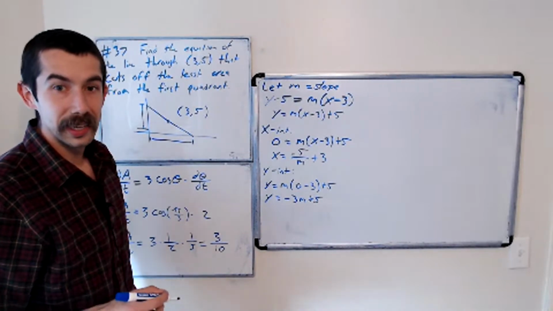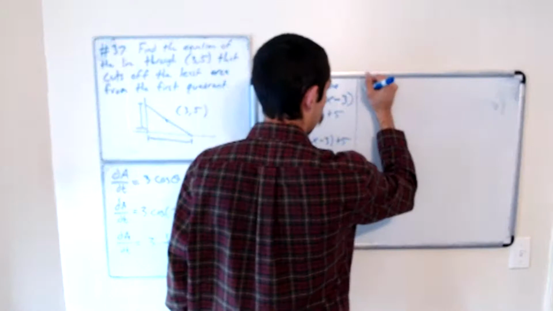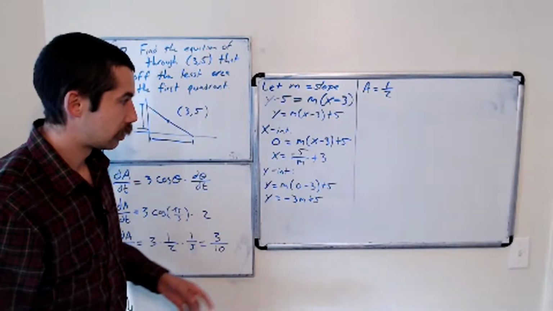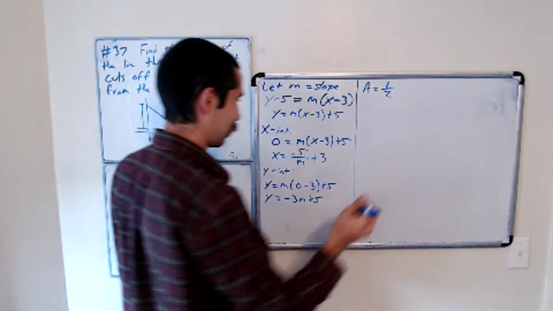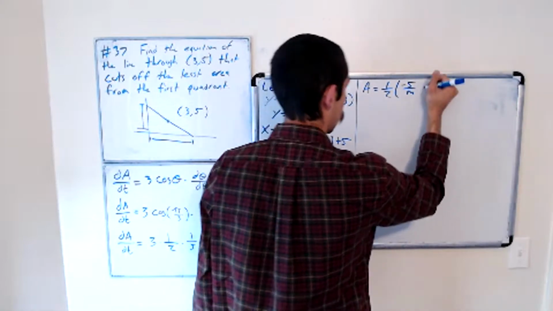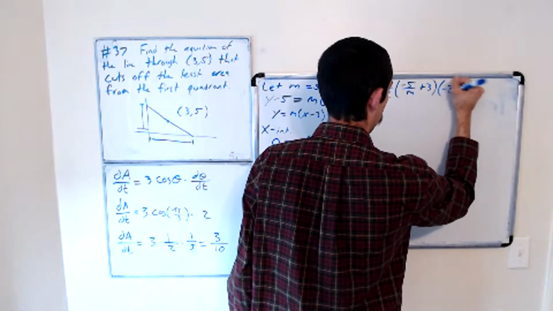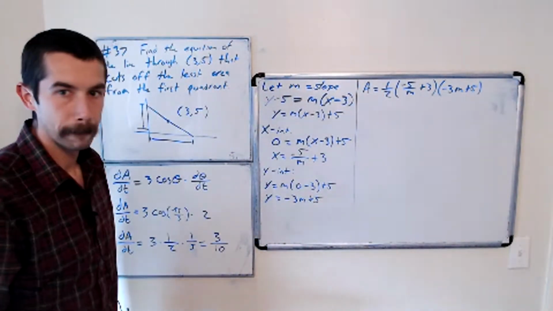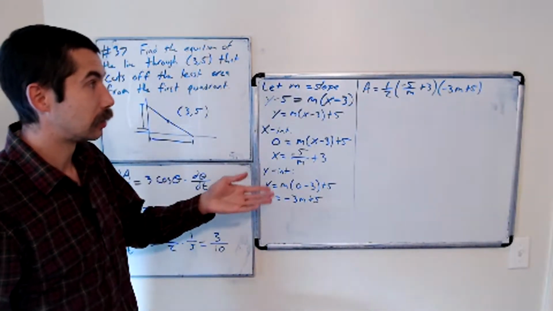So the area that we're trying to minimize is equal to 1/2 times x times y. Right? So this is what we want to minimize.